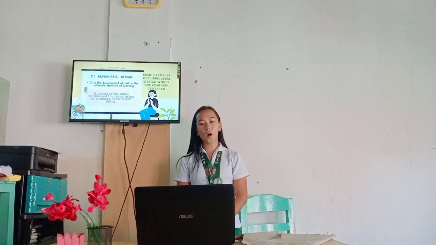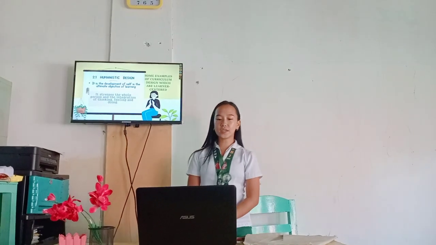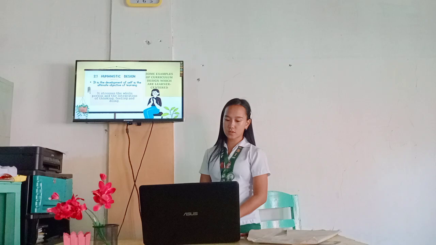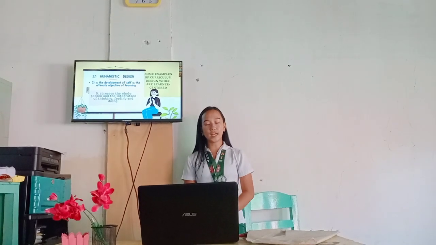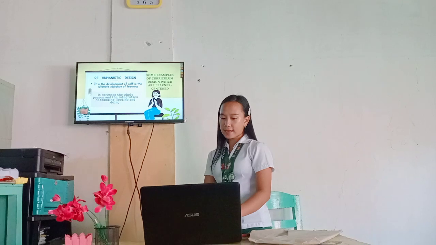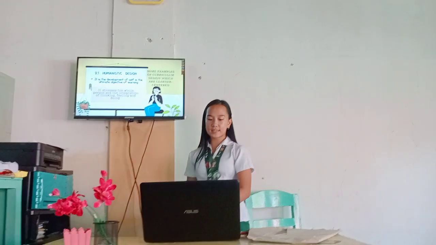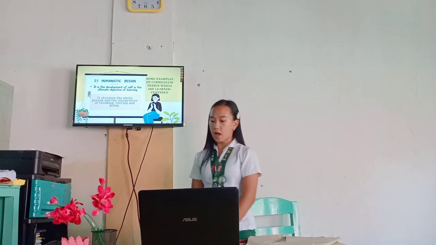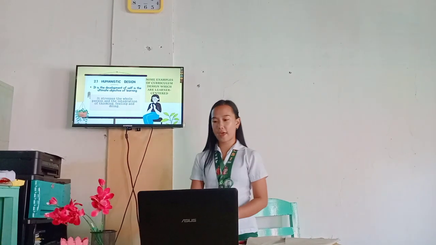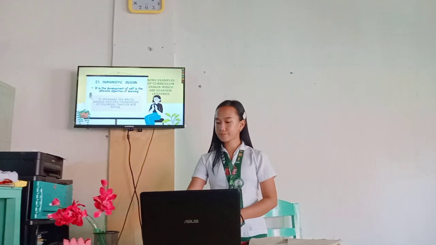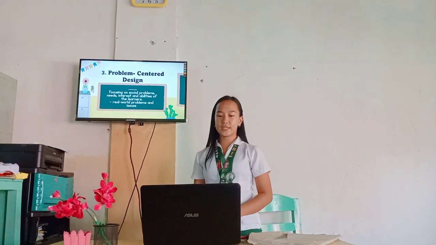And it stresses the whole person and the integration of thinking, feeling, and doing. So the goal is to develop a whole person, not just academic skills. An example for this one is a classroom where students set personal learning goals and reflect on their progress in a supportive environment. So the last curriculum design is the problem-centered design.